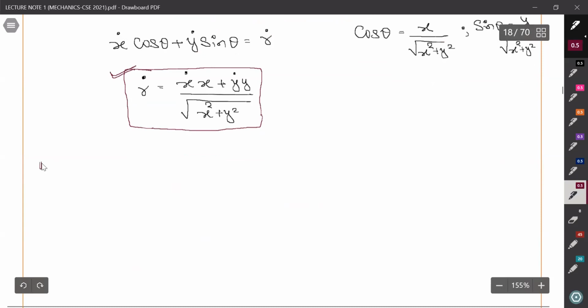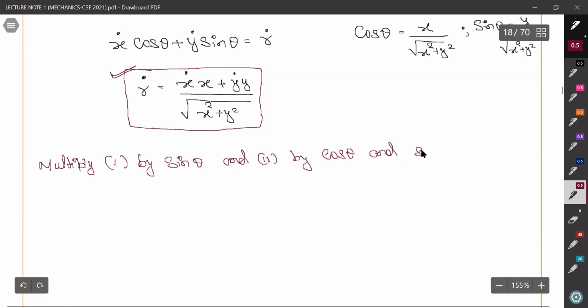So what we can do is multiply 1 by sin theta and 2 by cos theta, and subtract 1 from 2.